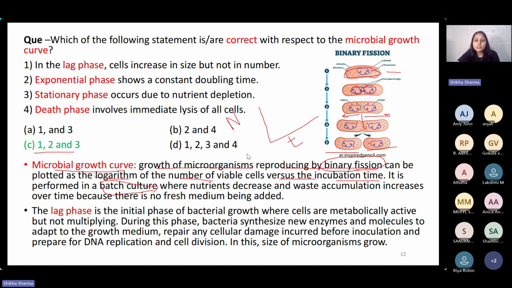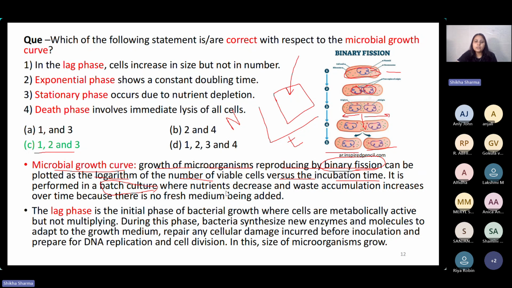So we basically consider a batch culture kind of system where the nutrients are given only one time. Suppose this is a fermenter. We give the nutrients one time, and then we let the microorganisms grow. In continuous culture, the nutrients are given on a continuous basis, but here we give them just in the initial or starting phase.